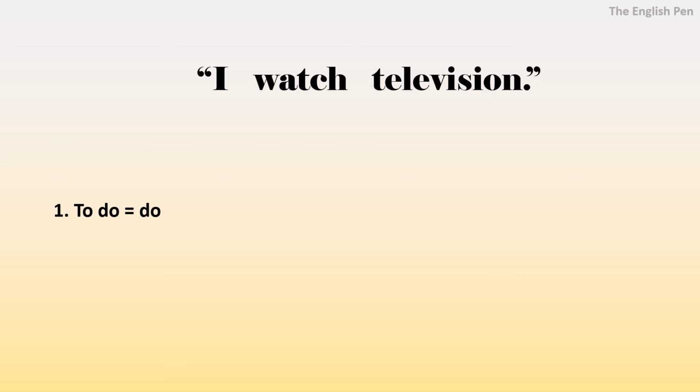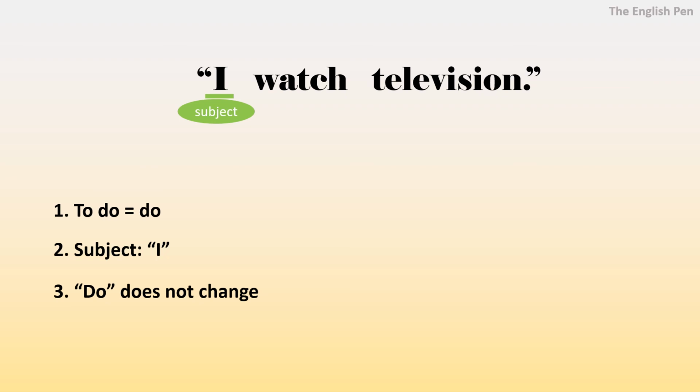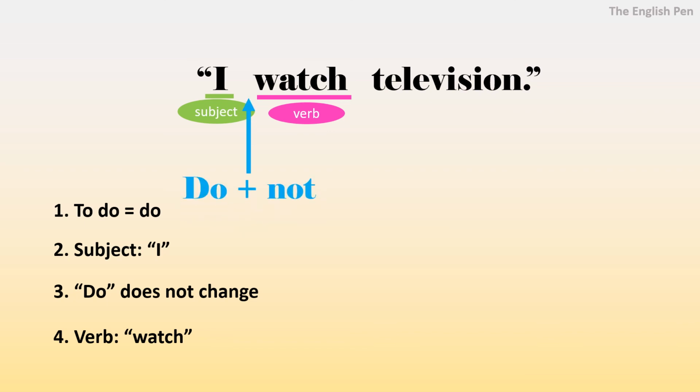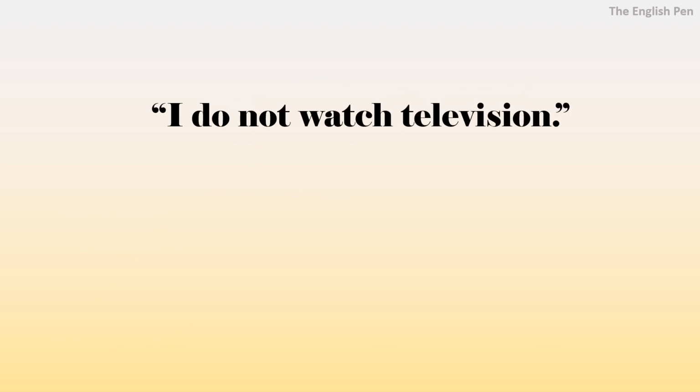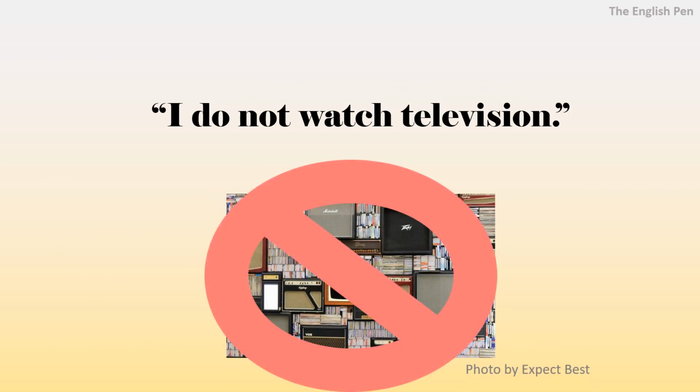Do we need to add an ending to our verb? Well, since I is our subject, nothing is added. Then, identify the verb. Watch is the main verb. We can put do and then not before our verb. And there we go. I do not watch television.